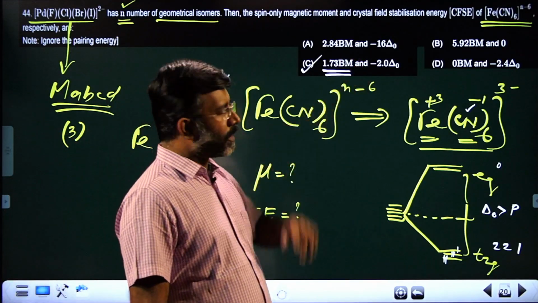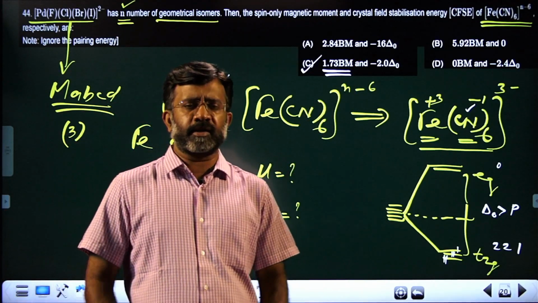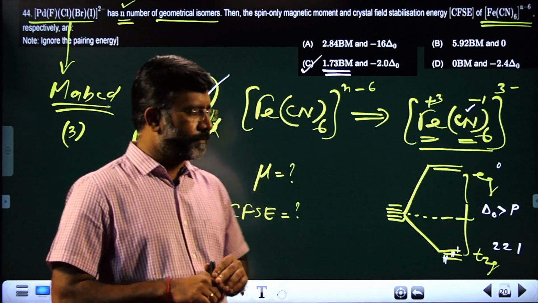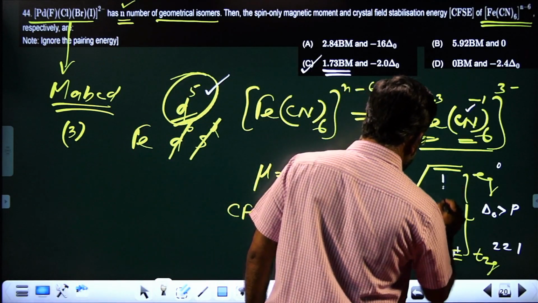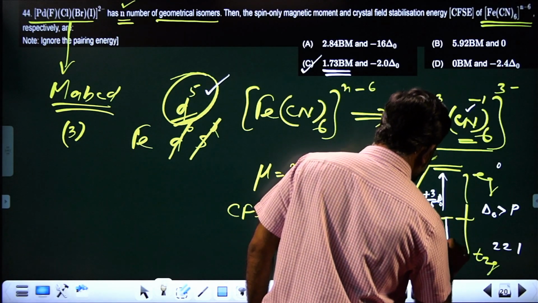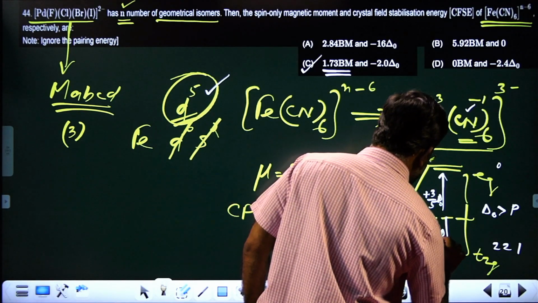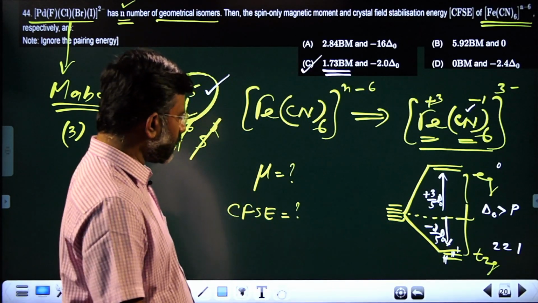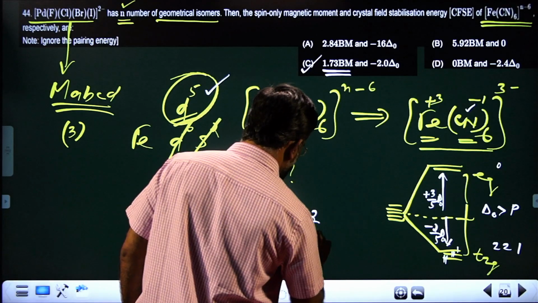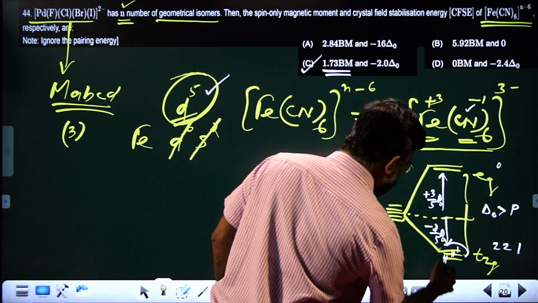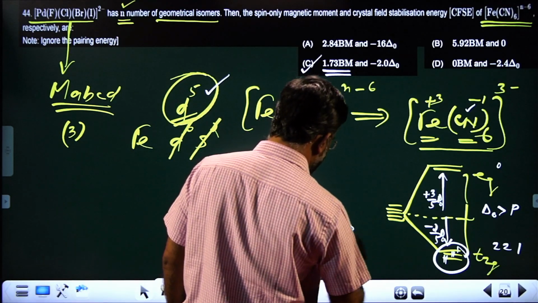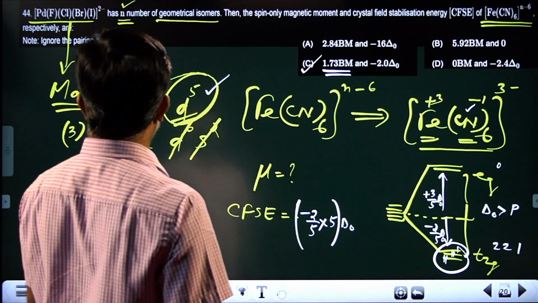Now let us examine the crystal field stabilization energy calculation. That's a usual question coming for the exam, which is not in the textual content; only the diagram is given. All of you know this is plus 3 by 5 delta O and this is minus 2 by 5 delta O. Calculating crystal field stabilization energy, you might have done in the class. It is minus 2 by 5 into the number of electrons, here 5 electrons, delta O. Any comment about the pairing energy?